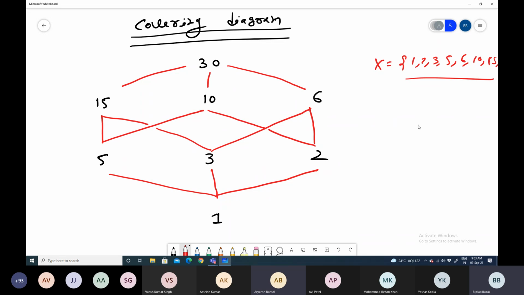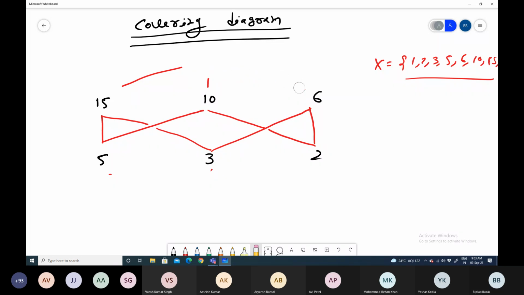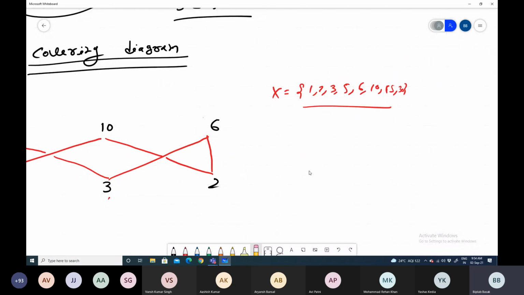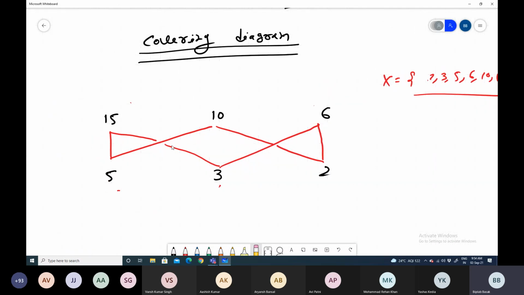So even if you don't know the definition, you can still say it, because the idea is already clear. Now suppose this is your set. That means our X is this one and we are removing 1 and 30. We are removing these two. And our set is this and we are giving the same order relation.